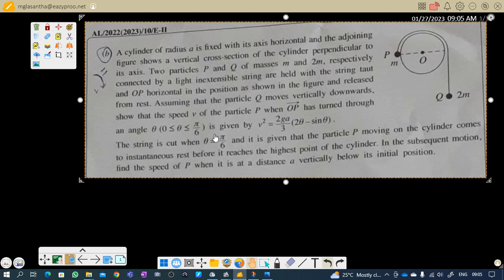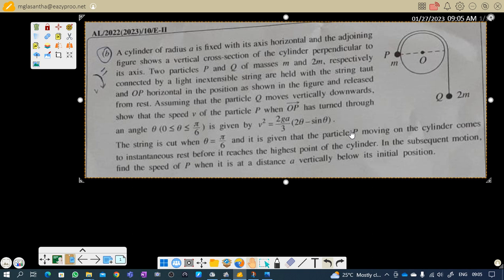Then if you release this system from rest, it starts to move. Q is the bigger particle, due to its weight being higher, therefore Q moves downwards. P rotates on the cylinder, right? But the entire system moves under gravity.